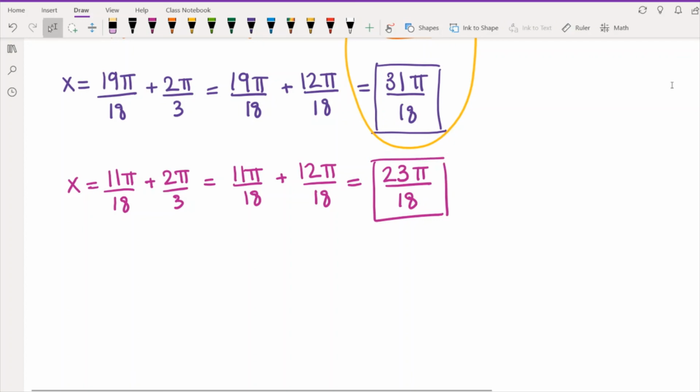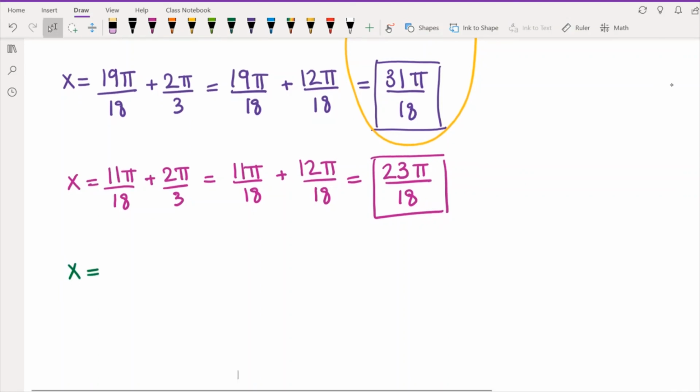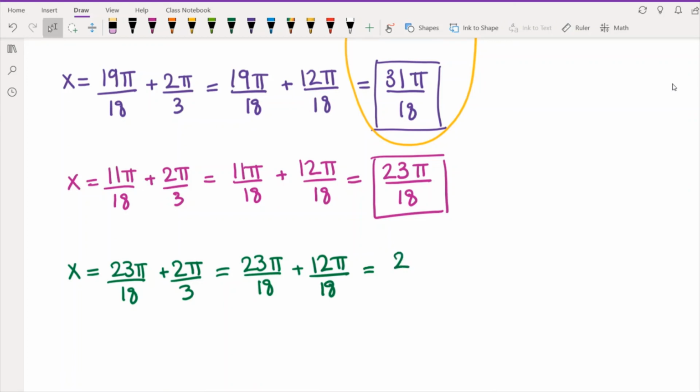And then we can do it again. So now, last one, we take 23 pi over 18 and add 2 pi over 3. That's 23 pi over 18 plus 12 pi over 18, and that gives us 25 pi over 18. You could try to add 2 pi over 3 again, but you would end up exceeding 36 pi over 18, so exceeding 2 pi.